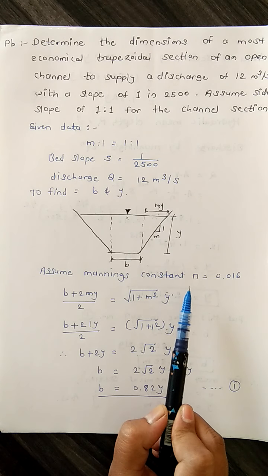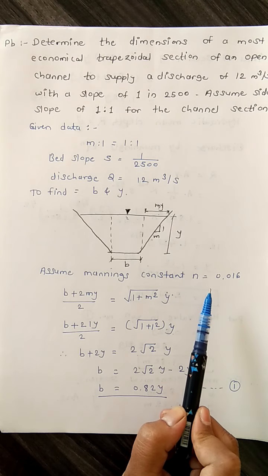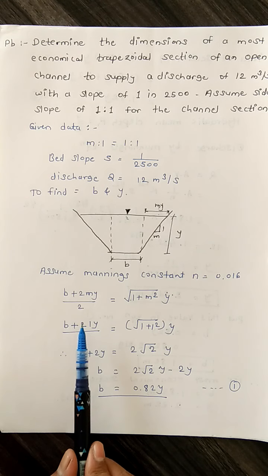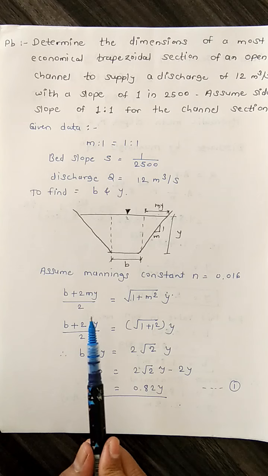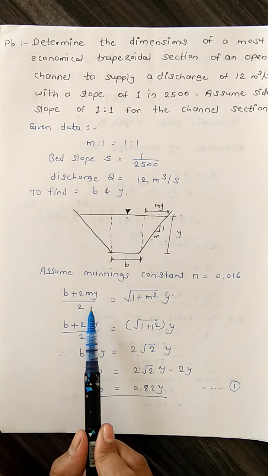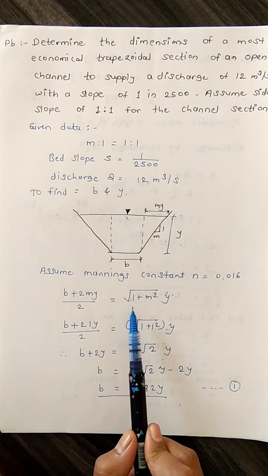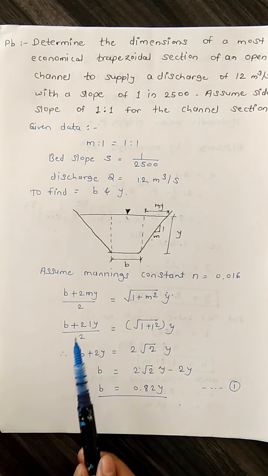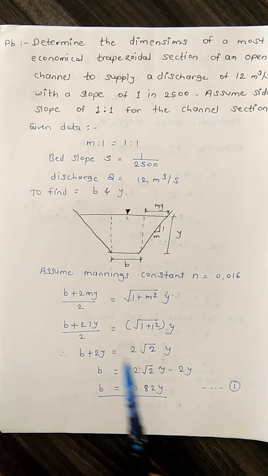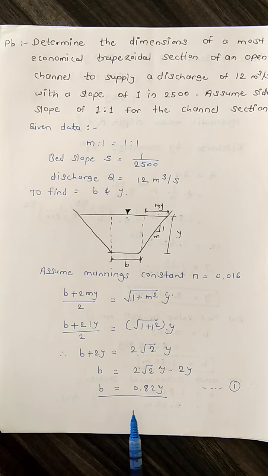We assume the Manning's constant here, that is 0.016. After that, for most economical trapezoidal section, there is a formula, that is b plus 2my divided by 2, which is equal to under root 1 plus m square into y. So after putting the values in this equation, we get b is equal to 0.82y. This is our equation number 1.